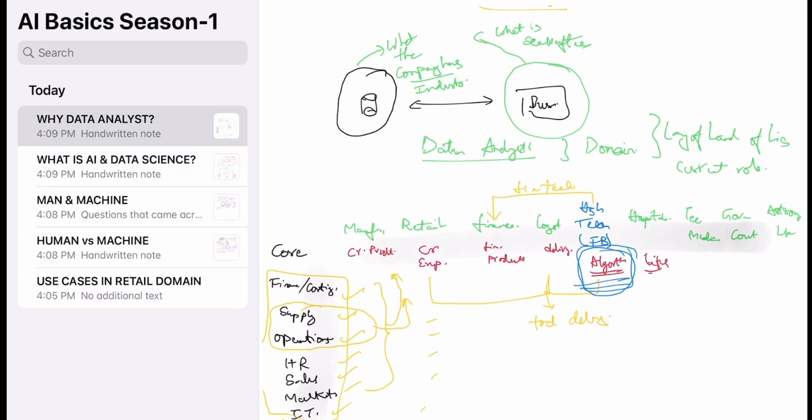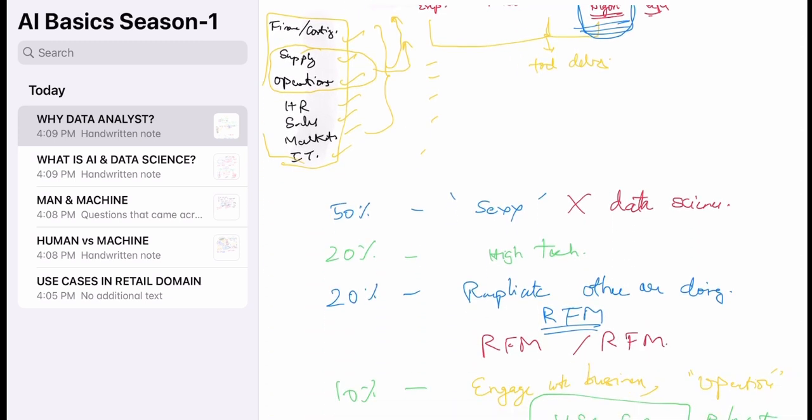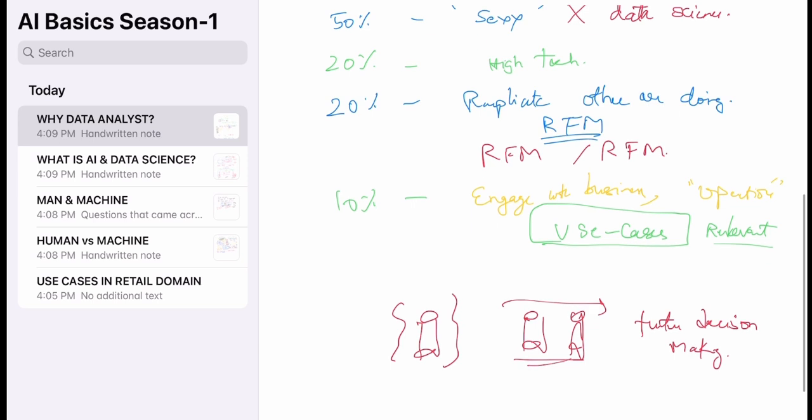And further, we learned the importance of being a data analyst before becoming a data scientist, because we have to use the company's data to bring more value-added data-driven decision making.